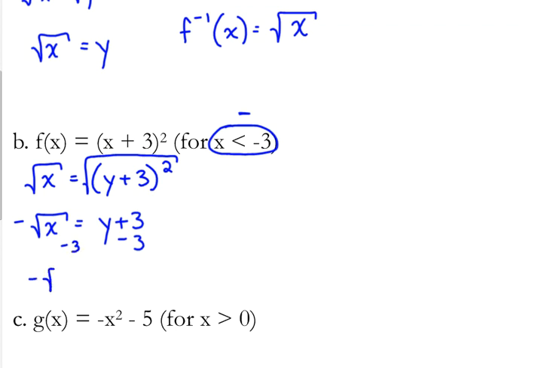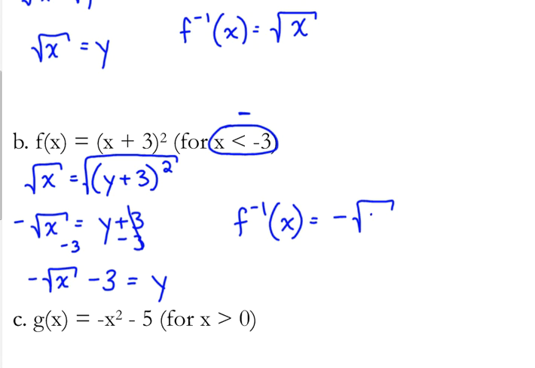Now, we don't put that under the square root. We cannot put anything under the square root after we take it. So our inverse, f inverse of x, is equal to the negative square root of x. Notice how I make it clear that my square root ends, and then we've got the minus 3.